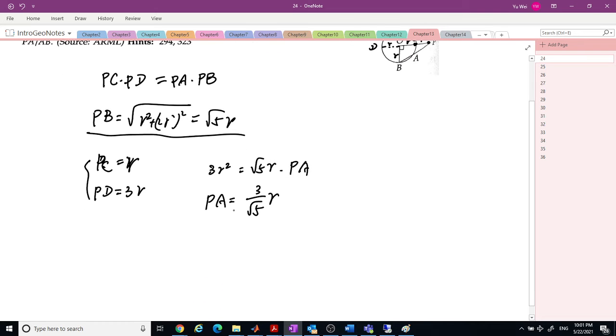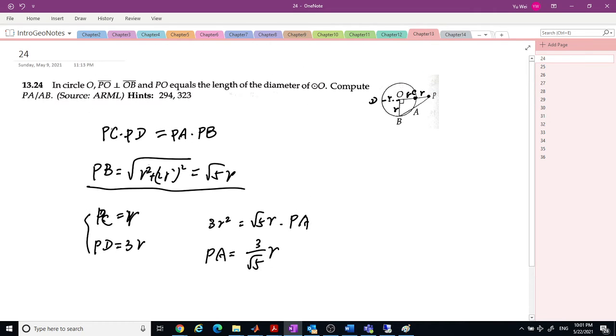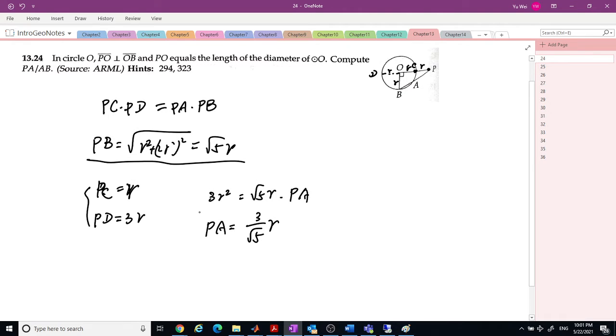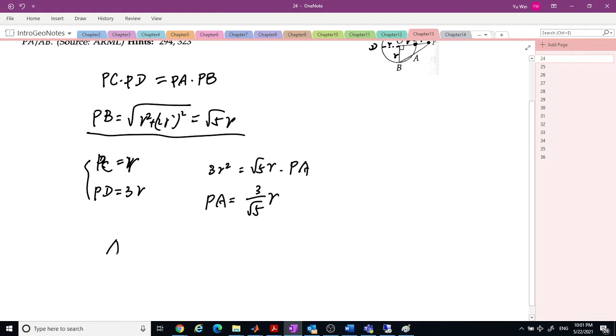Okay, now once we have PA, we can calculate AB, right? So AB is equal to PB, which is root 5 R, minus 3 over root 5 R, right?